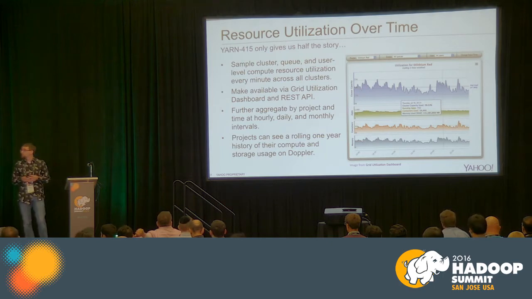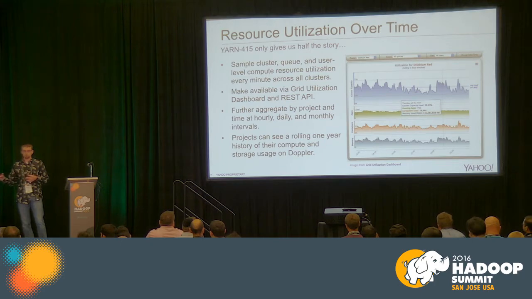So we make it available, again, through REST APIs and a web application we've created called our Grid Utilization Dashboard. This allows our users to drill down through utilization at the cluster, queue, and user levels, and see their memory usage side by side with their CPU usage, with the number of apps and the number of containers, and look at any arbitrary time range in the past.